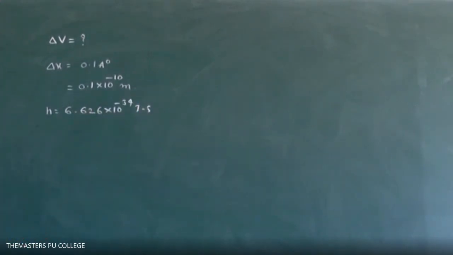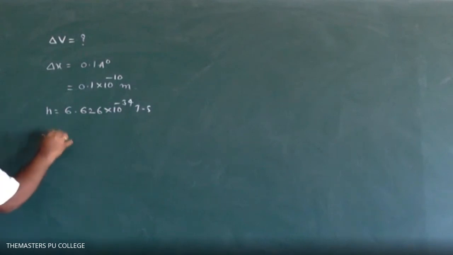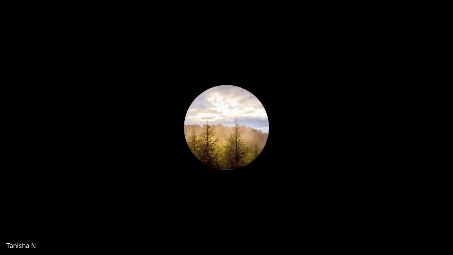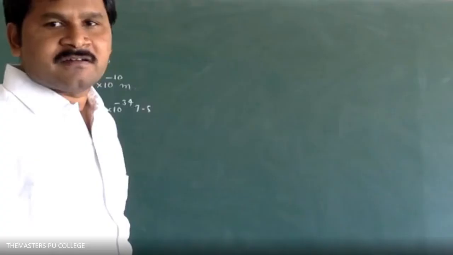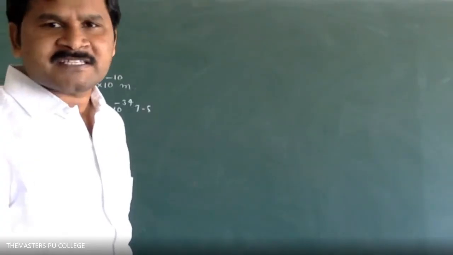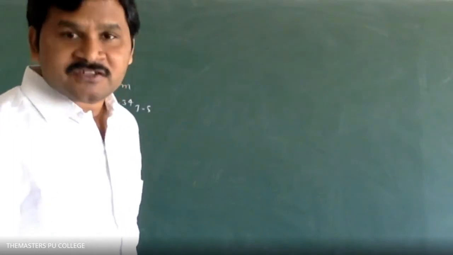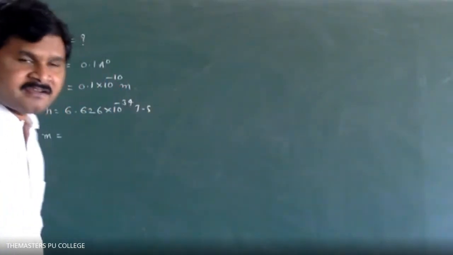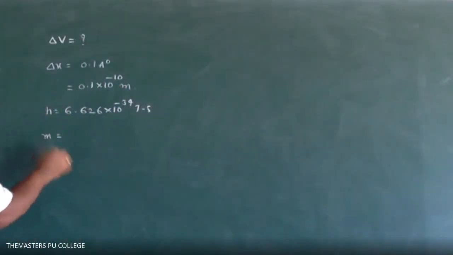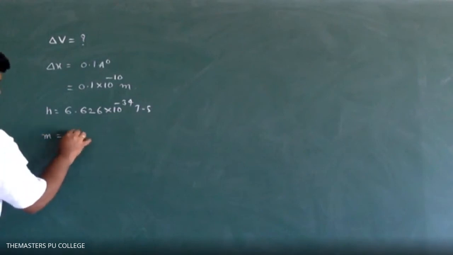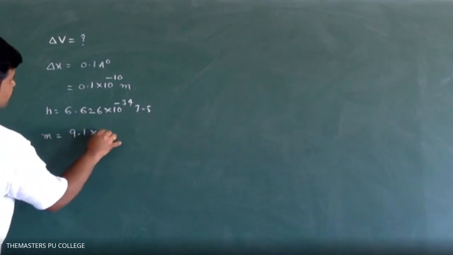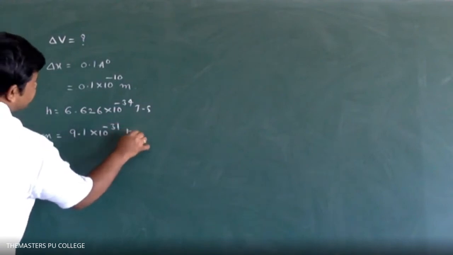Next, m is equal to what? 9.1 into 10 power minus 31 kg. Mass of the electron is telling, so that's why electron mass we have to take. In an objective examination he will mention 9.1 into 10 power minus 31 kg.